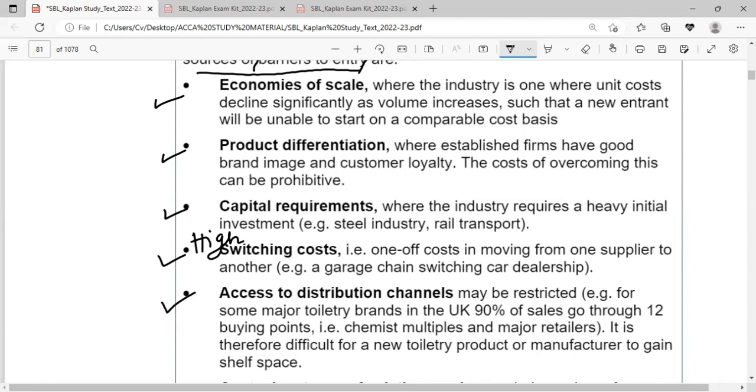Access to distribution channels, if existing sellers or existing competitors are capable of opening a number of distribution channels in the region, it will definitely discourage new entrants from entering the market.